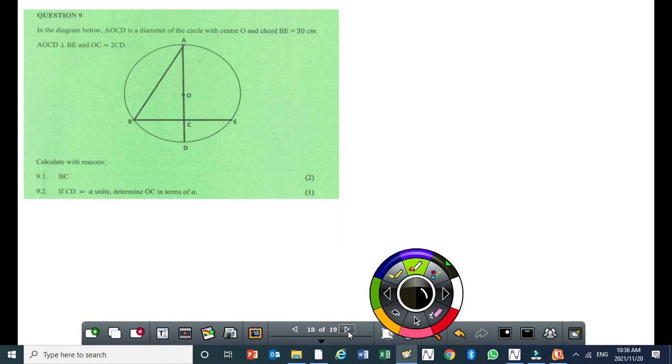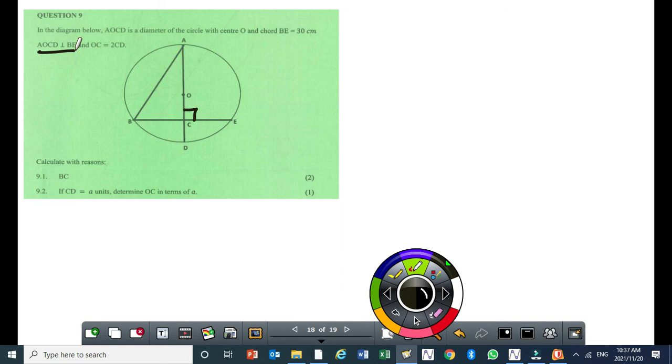Don't worry about the numbers there. Then BE is 30 centimeters. Now, this diagram here, I don't like it because OCD is perpendicular to BE. So I think they should have indicated that on the diagram. Of course, they stated it there, but on the diagram it was supposed to be in here.